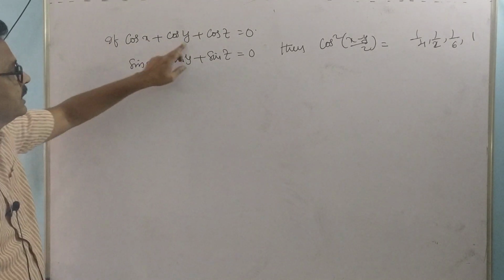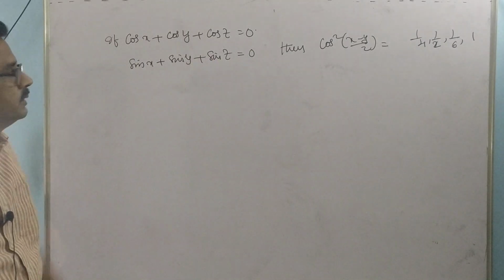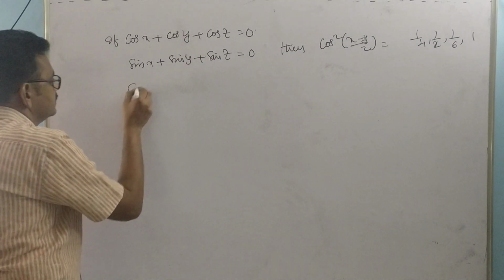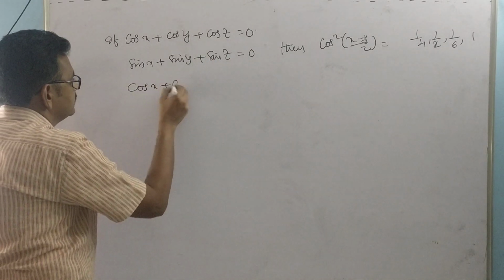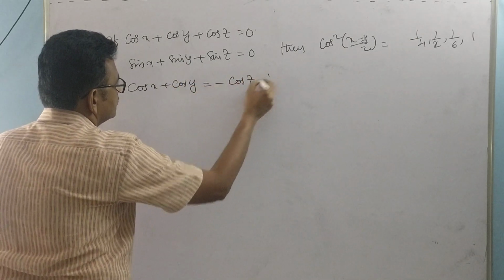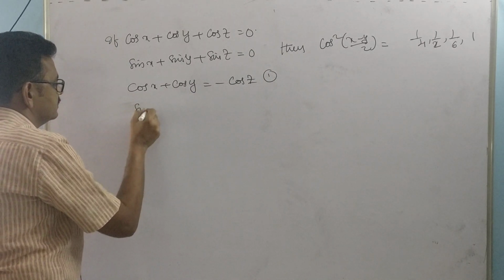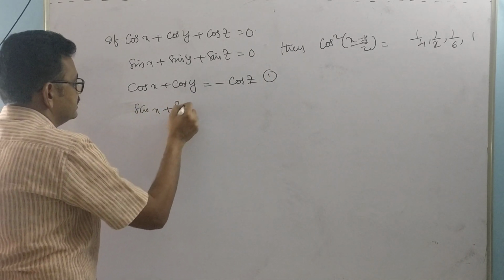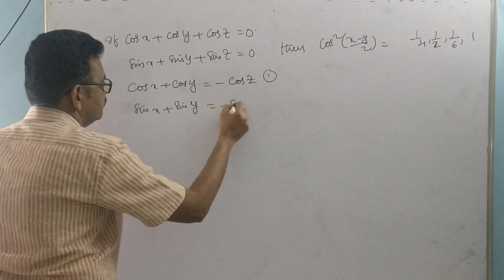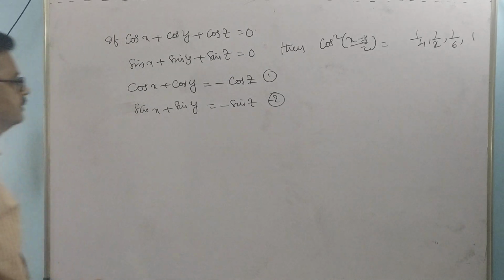Cos x plus cos y plus cos z equals 0 and sin x plus sin y plus sin z equals 0 implies cos x plus cos y is equal to minus cos z. Let this be 1. And the second one, sin x plus sin y is equal to minus sin z. So this is the second one.